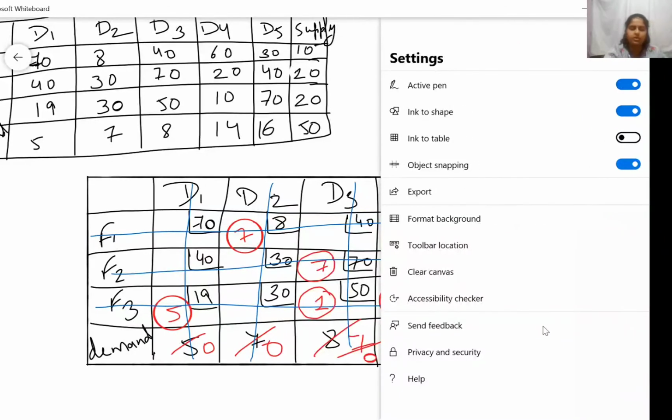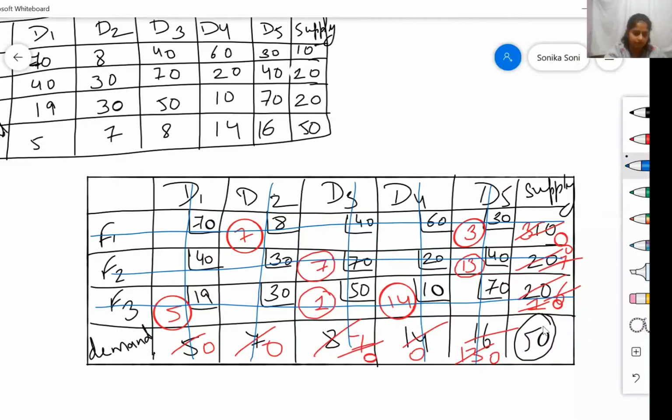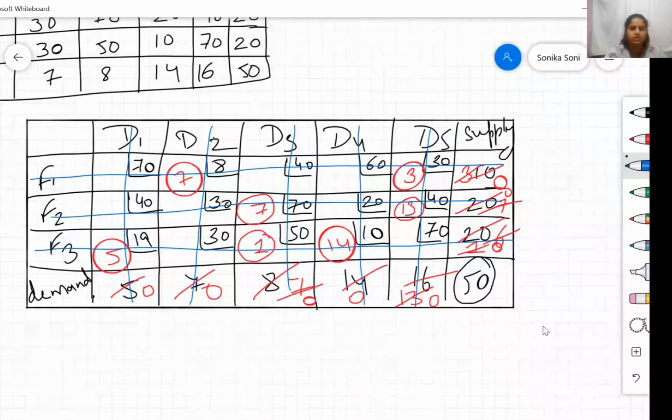Now we have to find out the basic feasible solution. How do we do that?